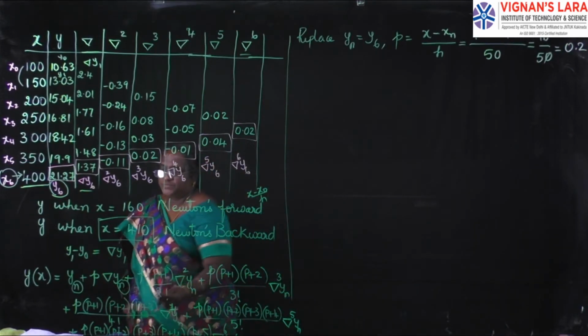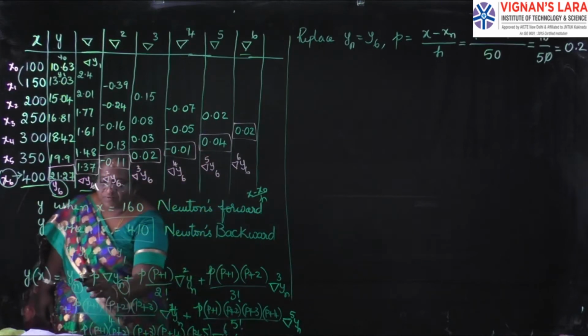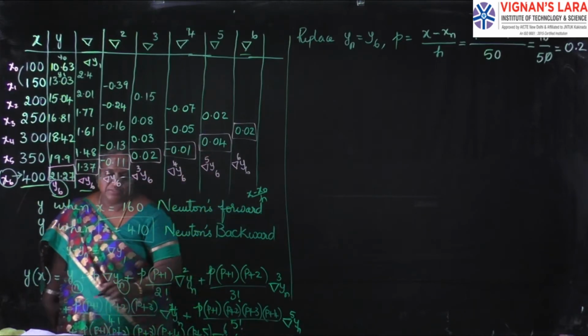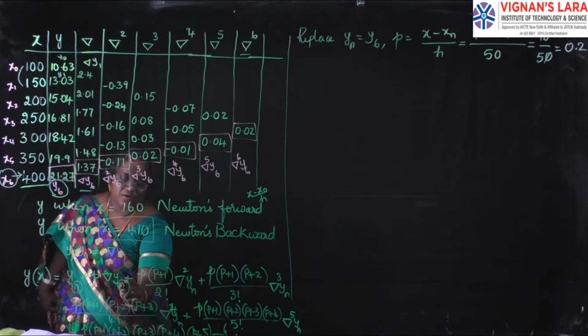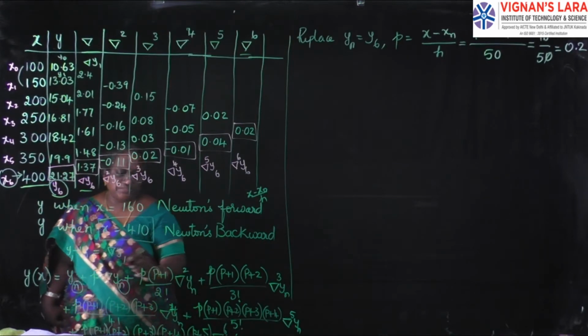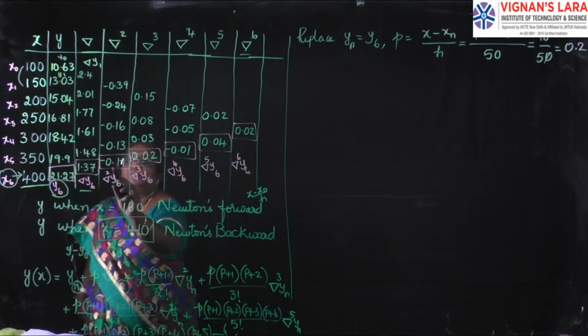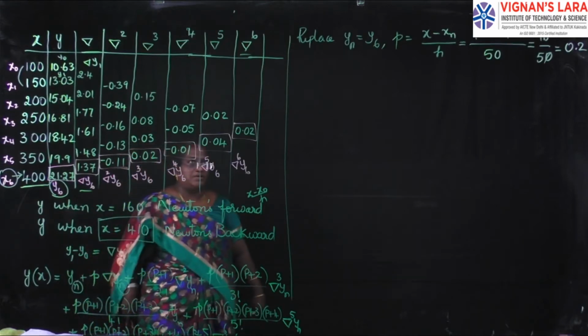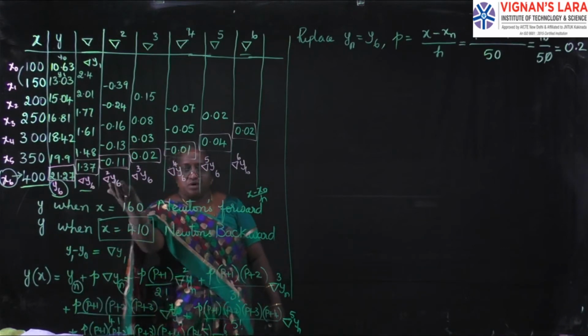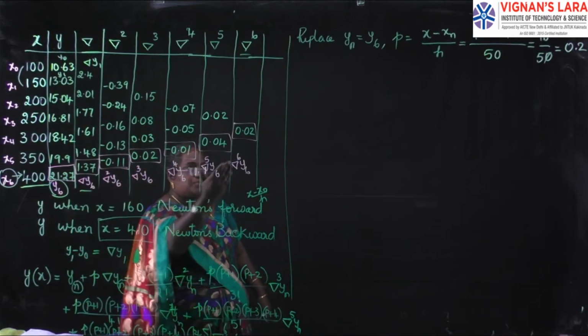So now we substitute the values, yn is y6, first backward difference of y6. It is Newton's backward interpolation formula, so we use all the values at the bottom of the table.